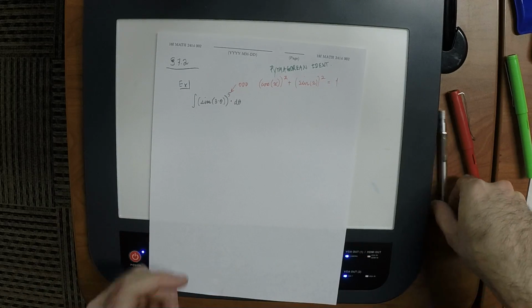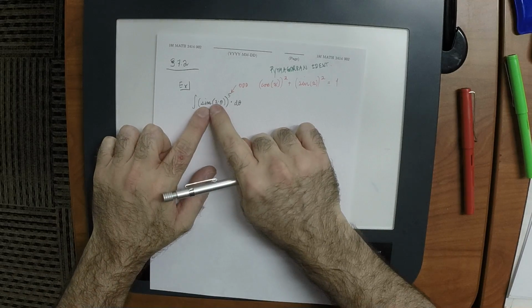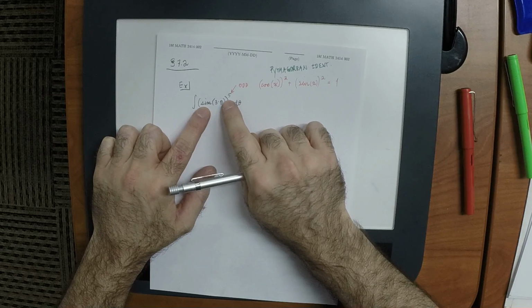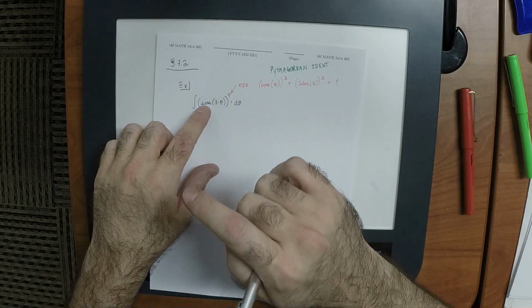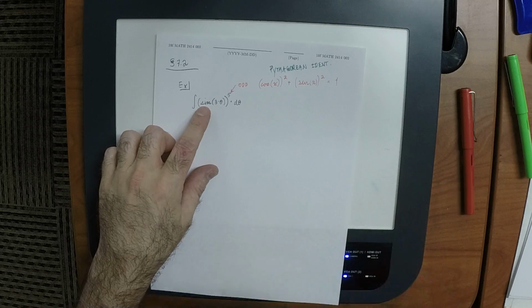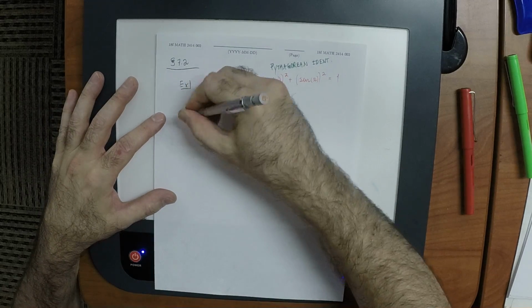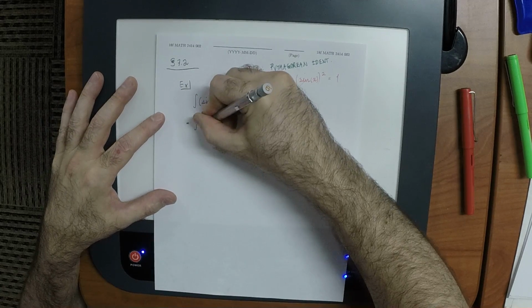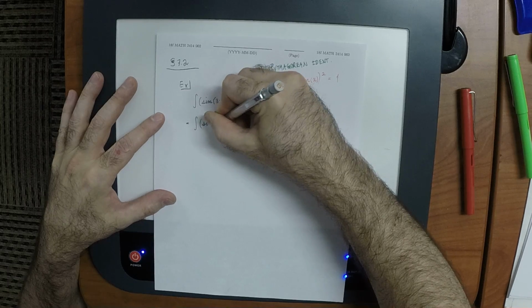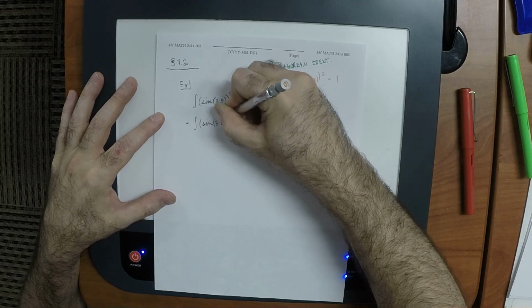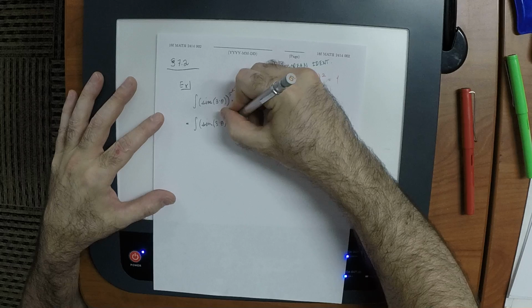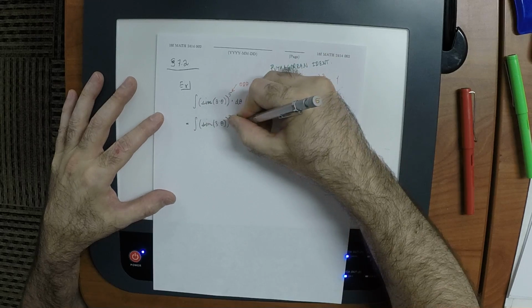So here's the trick. We have an odd number of sines. What we're going to do is save off 2 of them, and then there would be 3 more, like this.